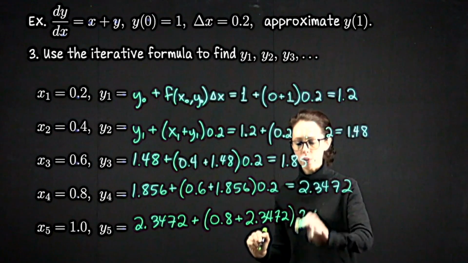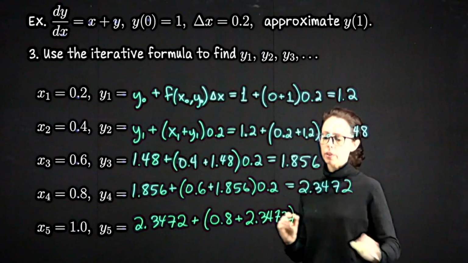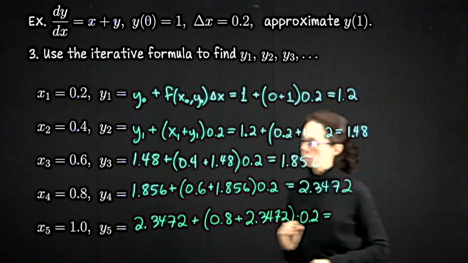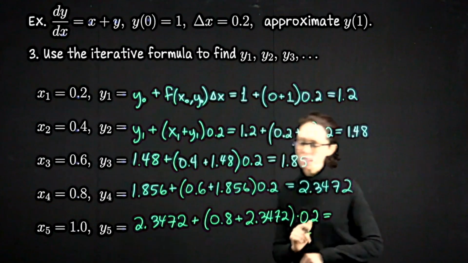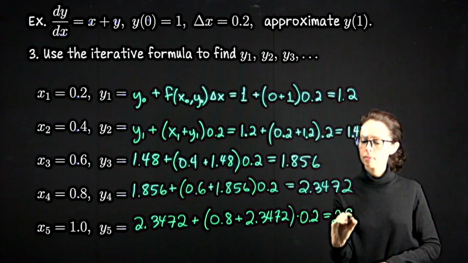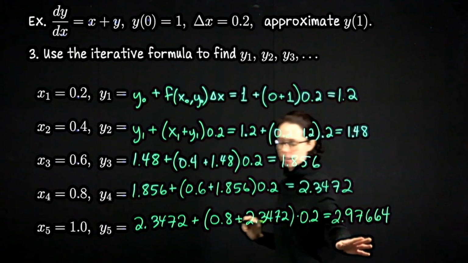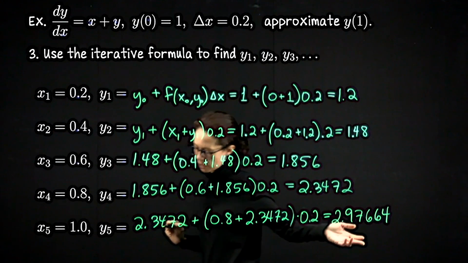This looks like it's times 2. I just want to be careful here the way I write this down. This is really times 0.2. And that leads us to 2.97664. I think that's an exact answer. I mean, for this computation, I don't think I rounded there.